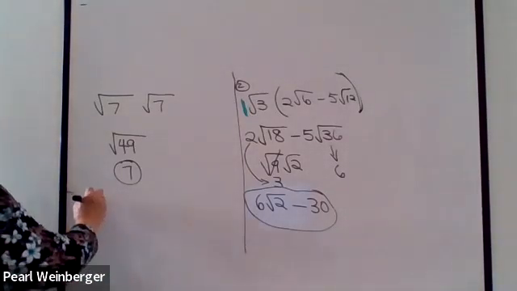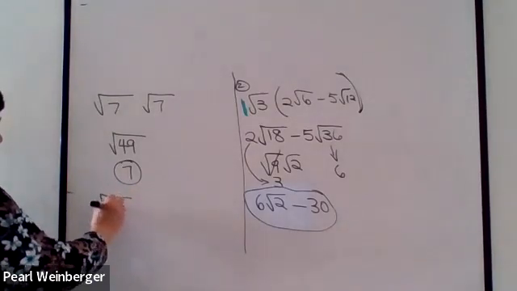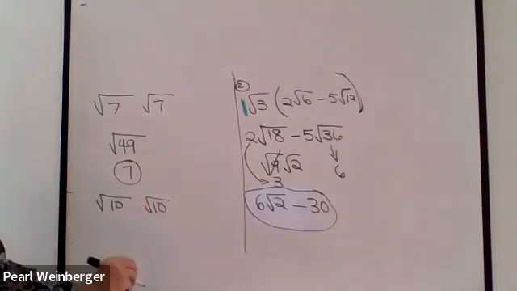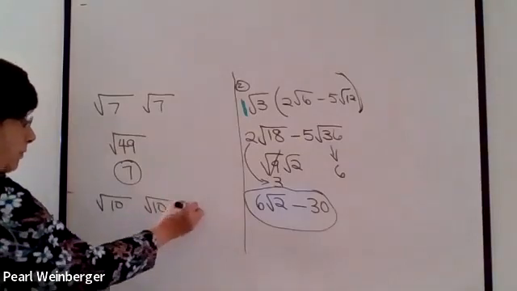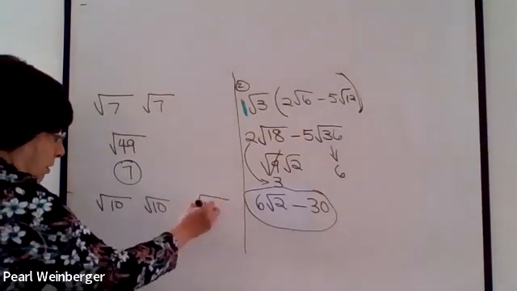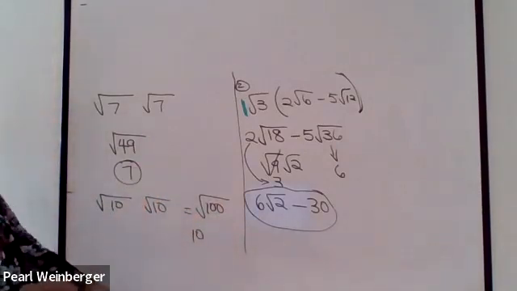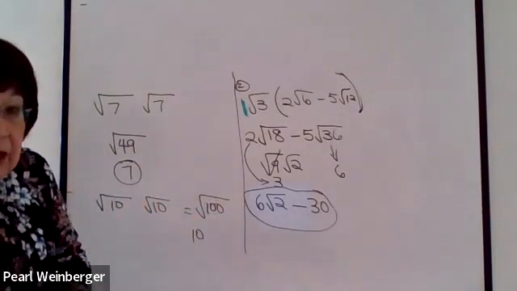Let's try this with another number. What if I did the square root of 10 times the square root of 10? Well, the square root of 10 times the square root of 10 is the square root of 100, which is just 10. Are you beginning to see a pattern?